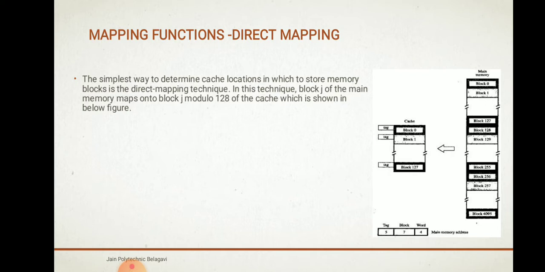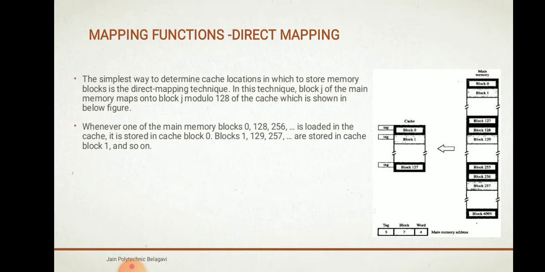So let us see an example. Suppose one of the memory blocks 0, 128, 256 is loaded into the cache. Once the main memory wants to load block number 0, block number 128 and block number 256 into the cache, they will be stored in cache block 0. In the formula you have seen, block J should be mapped to block J modulo 128.